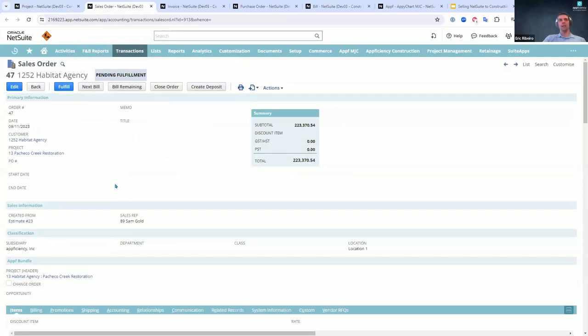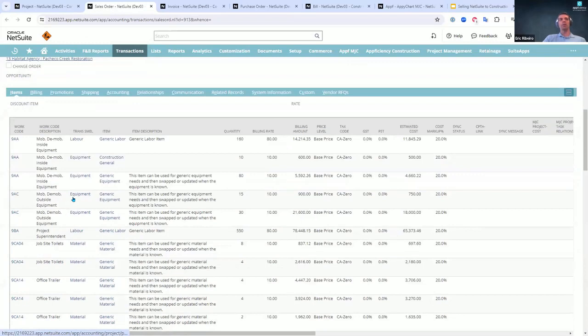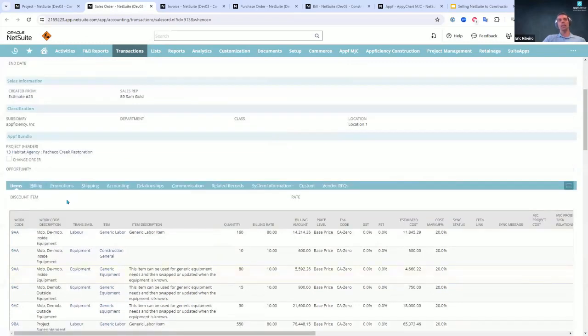And so what you can see here is I have a sales order for Habitat Agency, a Pacheco Creek restoration project. I've tied this to a project record in NetSuite. And oftentimes what you'll see is NetSuite connected to an upfront project management tool, because you have two parts of a project: your project operations and your project management. There you'll often see systems like Procore, Autodesk, or ProEst, or maybe some industry-specific estimating or CAD tool that's used to build their estimates.